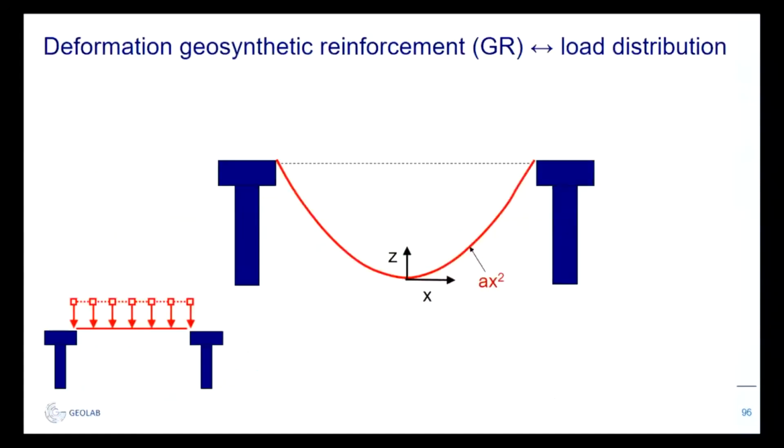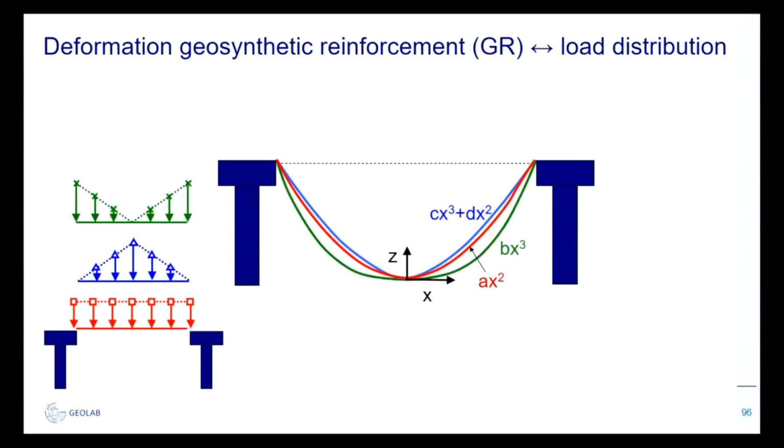Well, there is a direct relationship between the shape of the deformed geosynthetic and the load that's exerted on it. And when you have a fully uniform load, then the shape of the geosynthetic will be a full parabola, like this. If you have a triangular load, then the shape will be like this. And if you have an inverse triangular load, then the shape will be like this.